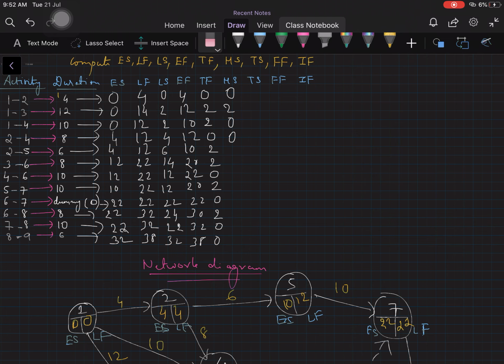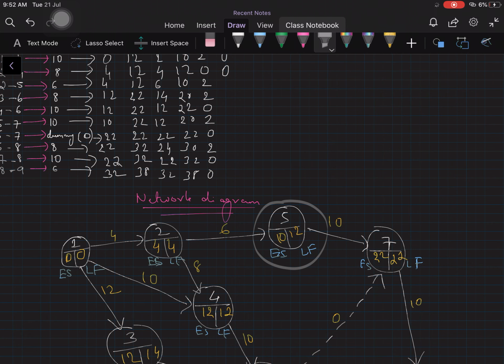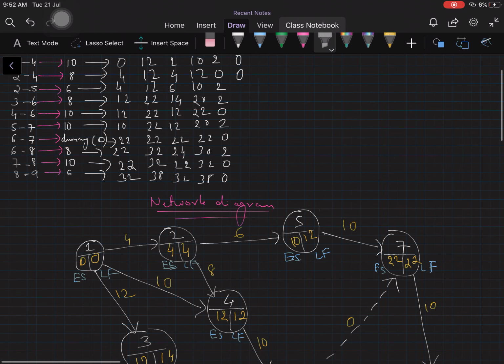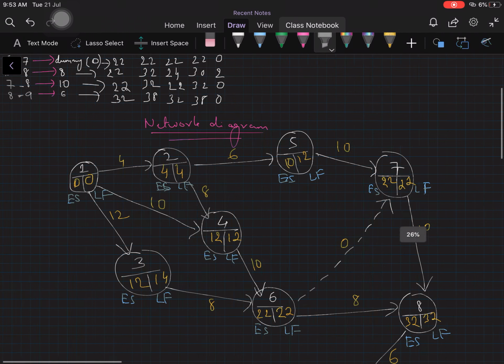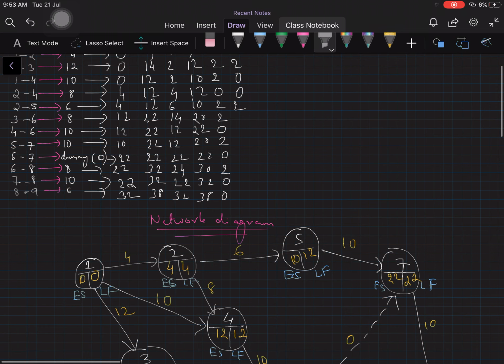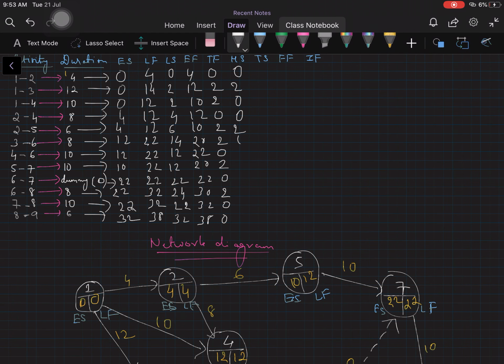Next we have event number 5. This is the event. 12 minus 10, that is 2. So 2 is the slack. Then we have 6 as the ending event, that is a head event. 6 is 22 minus 22, which is 0.